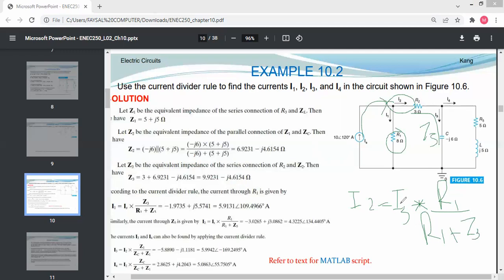For this, IS is given, this one. The R1 is also given, that is 8 ohm. Then the value of Z3 is also given. Now we calculate the value of Z3. So this is how we find the value of I2 by using current dividing rule.